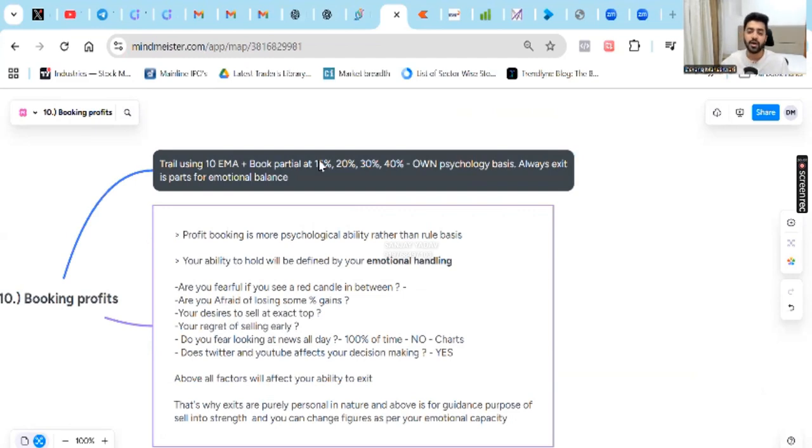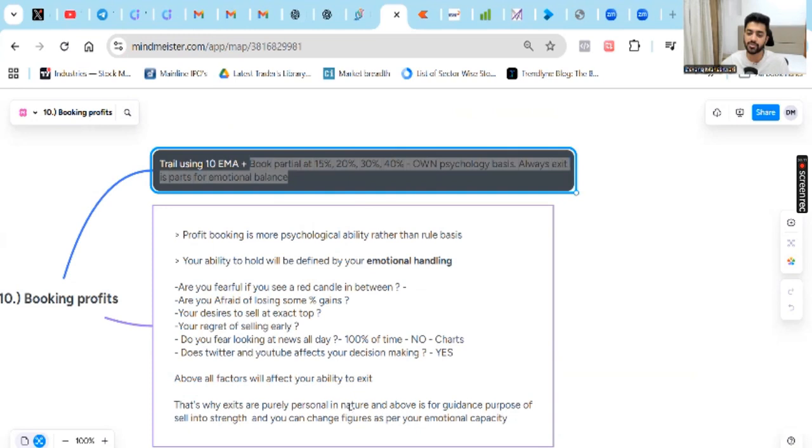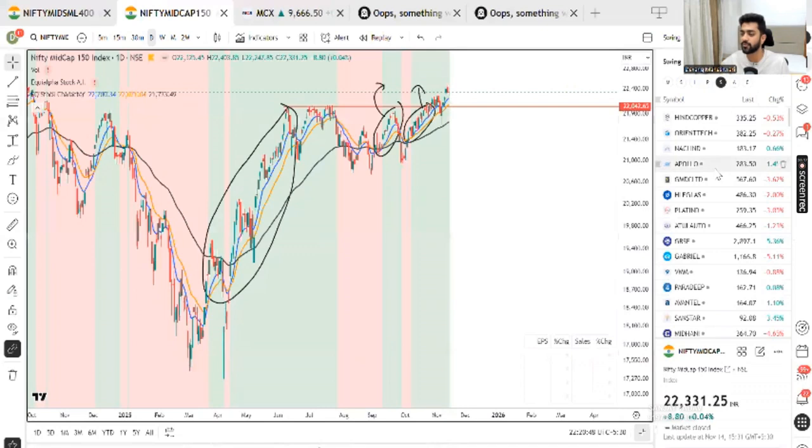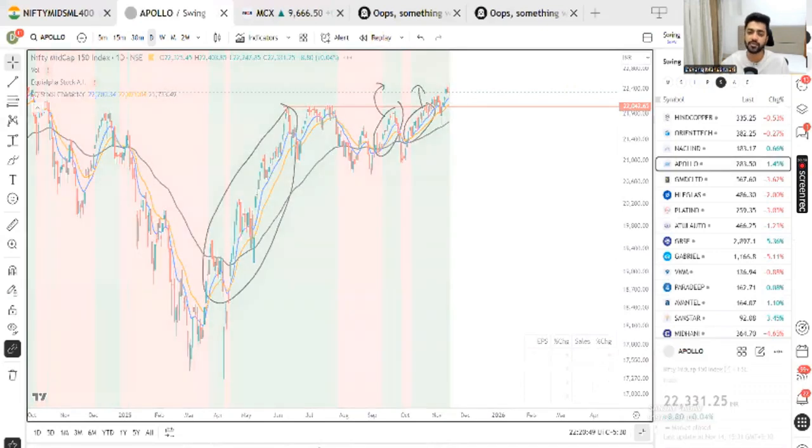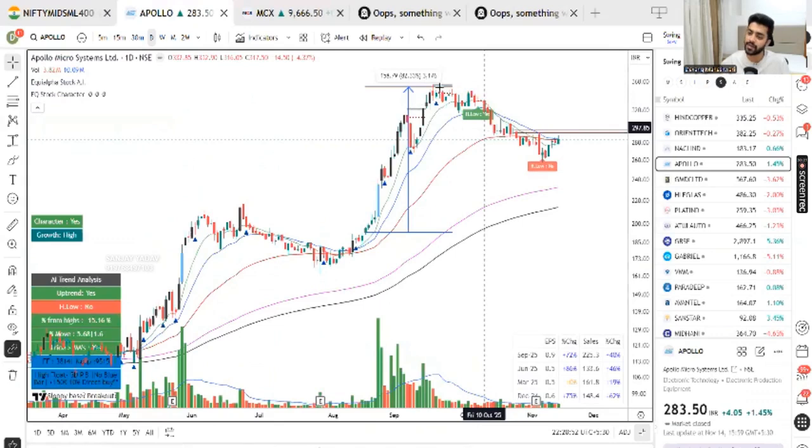Okay, how will it help in deciding? It is in partial booking. So what is selling into strength? Selling into strength simply means selling at a percentage of risk reward. Okay, that can be minimum 10%.